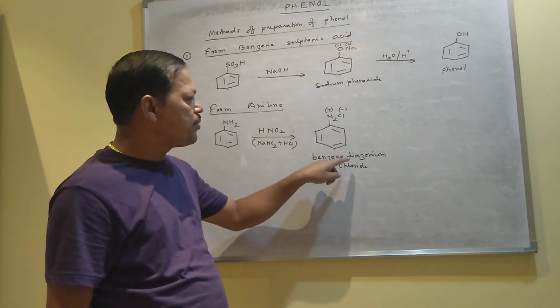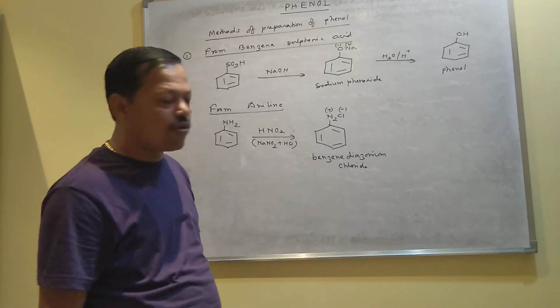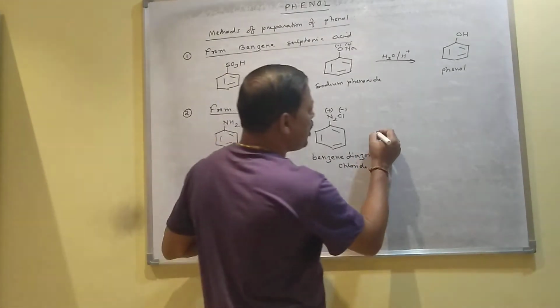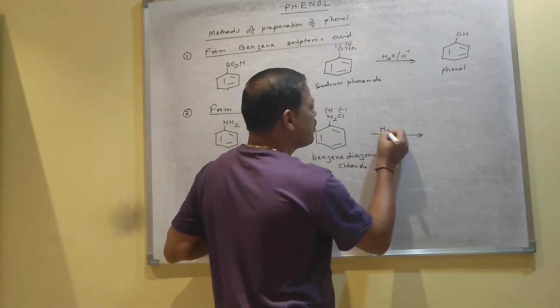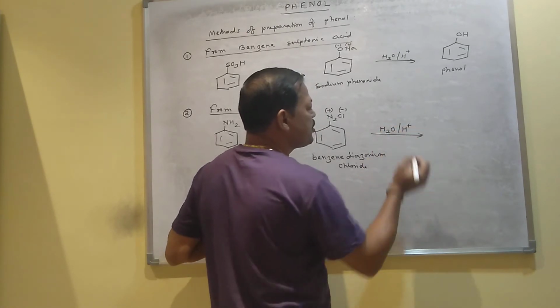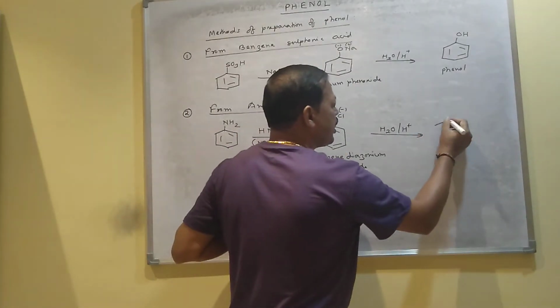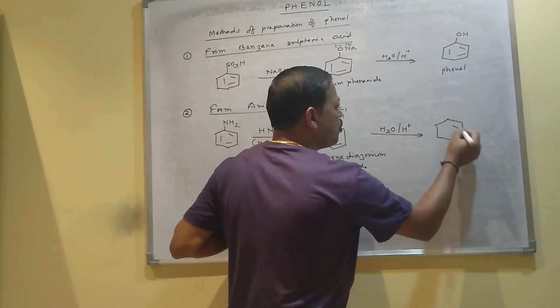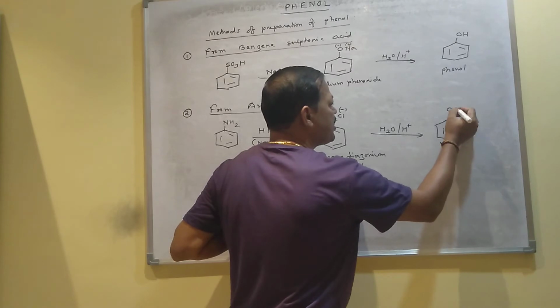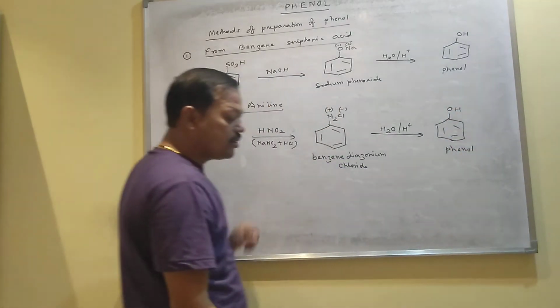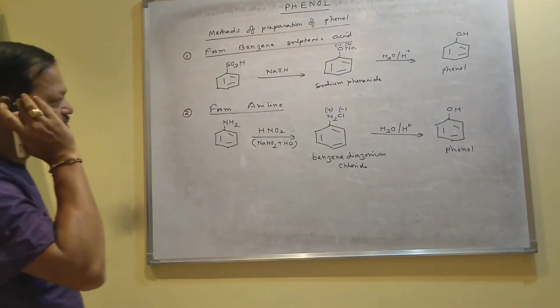Here two nitrogens are present, that's why it is called diazonium chloride. After getting this diazonium salt, when you do hydrolysis, addition of water in presence of acid, the nitrogen molecule is removed, and from the water you get the OH group on the benzene ring, which is phenol. So this is another method to prepare phenol.